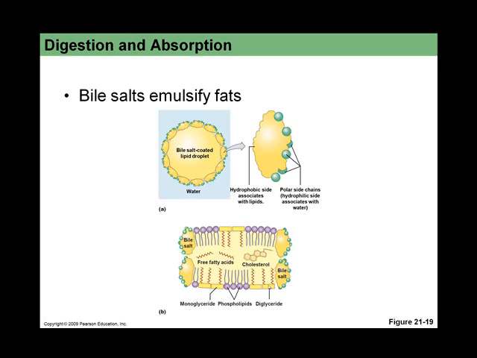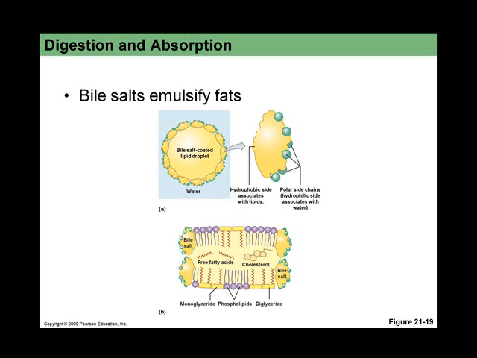Some diglycerides become incorporated into this complex as part of the emulsification process. So here we see the bile salt that's coated with lipid droplets. So there's a hydrophobic side that associates with the lipids, and a polar chain side, the hydrophilic side that will associate with water.